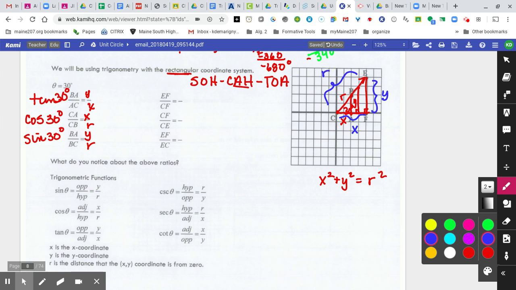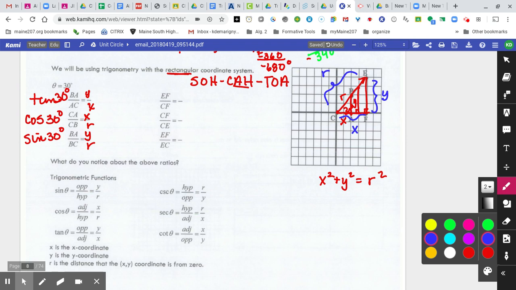Now, you know that there are similar triangles. Similar triangles, remember, have corresponding angles congruent and corresponding sides proportional. So the values are going to be exactly the same no matter which reference triangle I use.